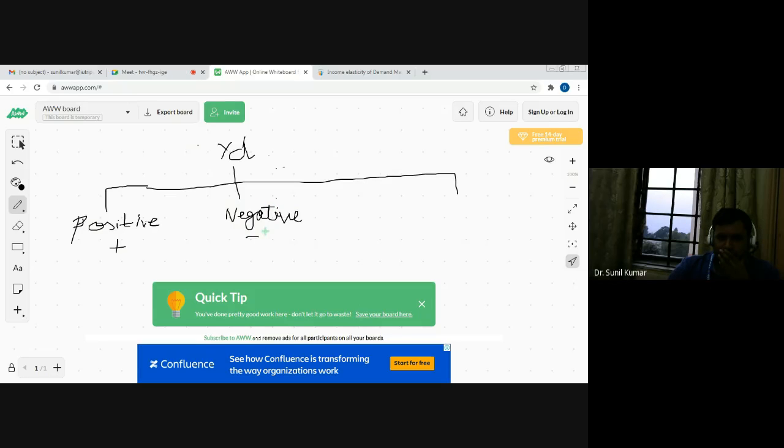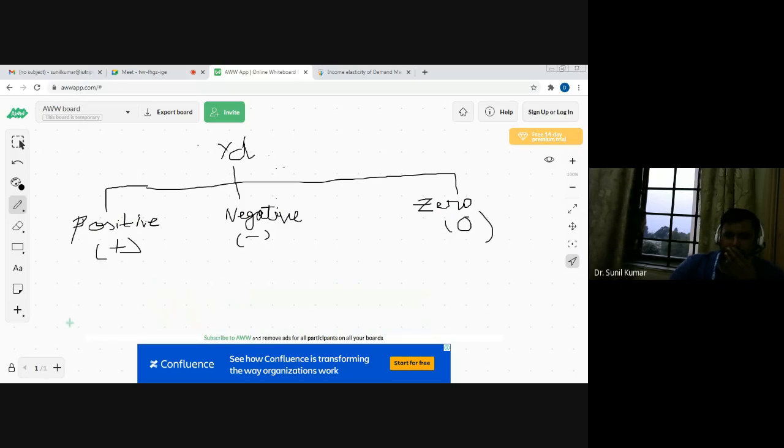Negative will be the minus sign. And thirdly, zero. So they are found in three types: positive, negative, and zero.